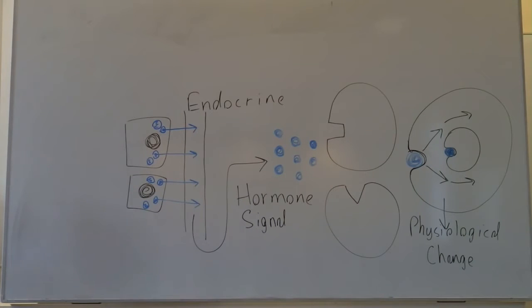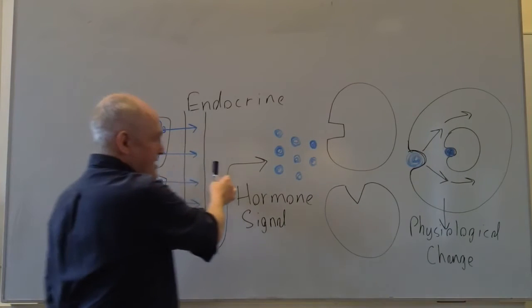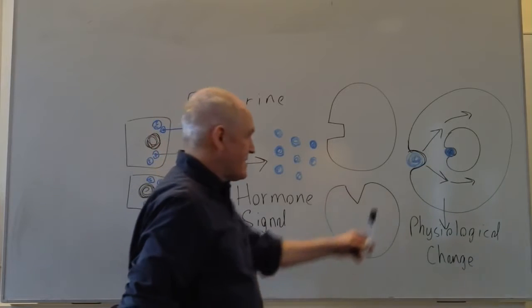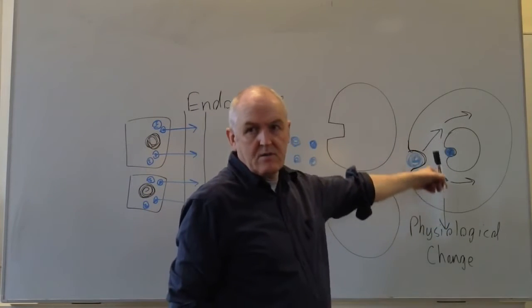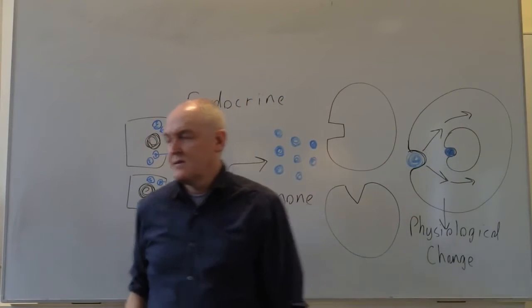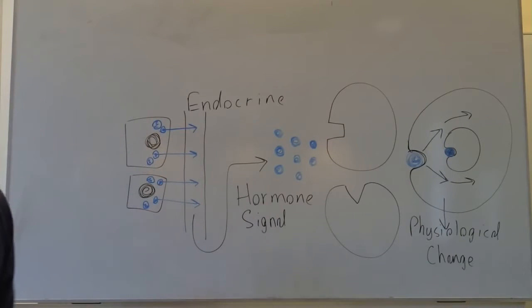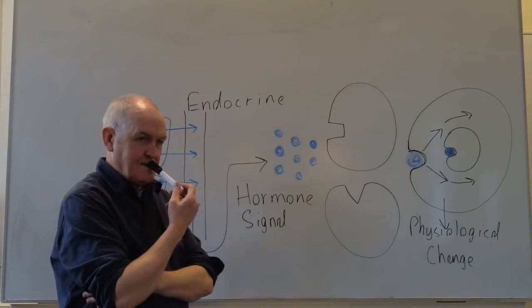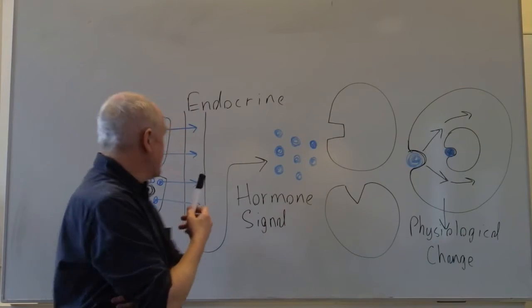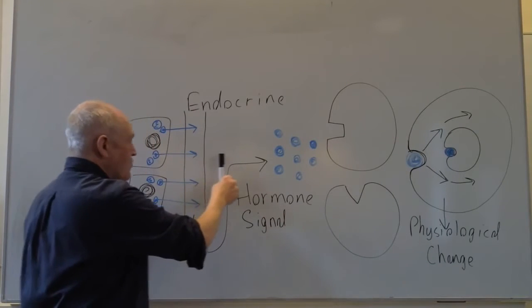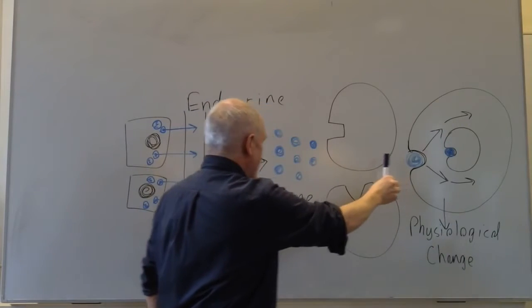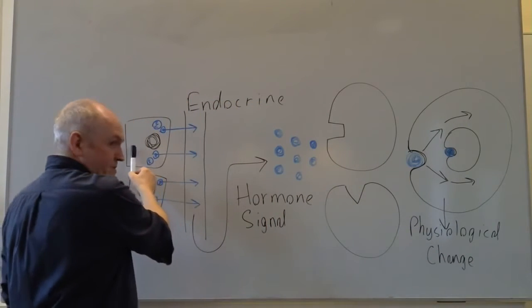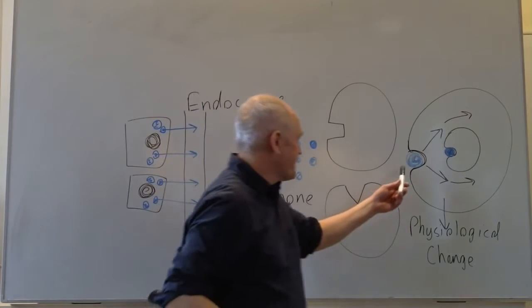And because the release of the endocrine hormone is coordinated, that means that the activity of the cells of the body can also be coordinated, functioning in an ordered, meaningful way to bring about this mysterious process of physiology. So in this context, the hormone would be called the primary messenger system, taking the message from the endocrine hormone to the cell.